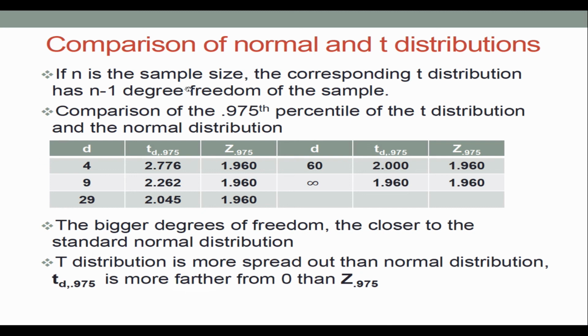So if n is the sample size, the corresponding t distribution has n minus 1 degrees of freedom. So when you talk about the t distribution, you always need to know the degrees of freedom. The degrees of freedom is determined by the sample size minus 1. Why do we minus 1? Why do we lose 1 degree of freedom?